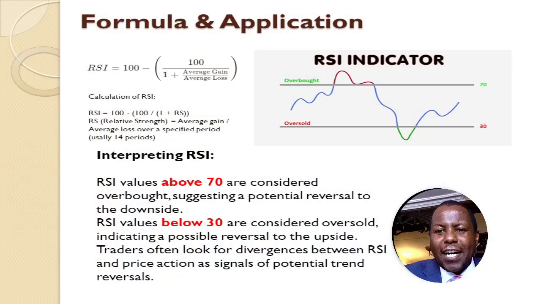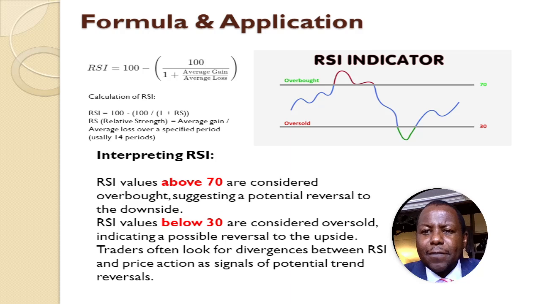Now, that result, we have heard that there is an oscillation. An oscillation is a movement, a wave movement. An oscillation is a movement between 0 and 100. And when it's around 70 onwards, it's termed as overbought. When it is below 30, we have a term for it right there, and that is oversold.